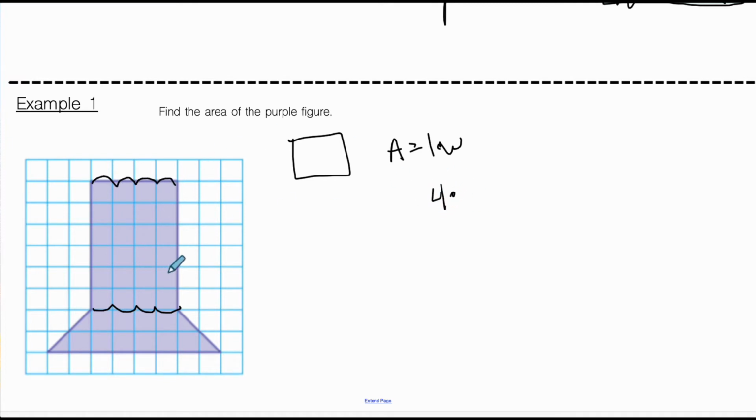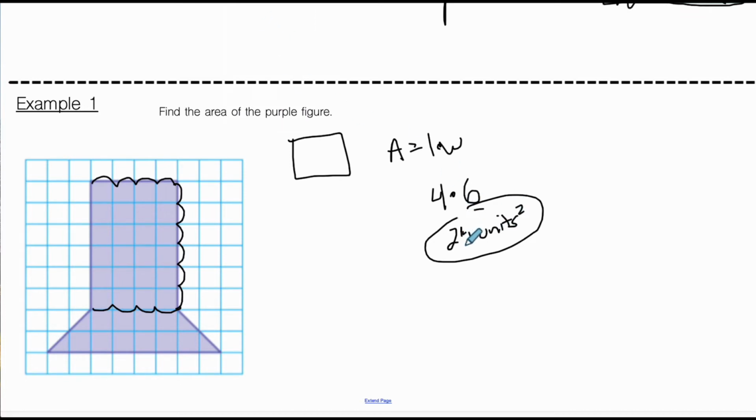And then what's the other measure, the width? 1, 2, 3, 4, 5, 6. 6 units, which is the same on this side. So a 4 by 6 rectangle means it has an area of 24 square units. Okay, and let me clean up that 4.